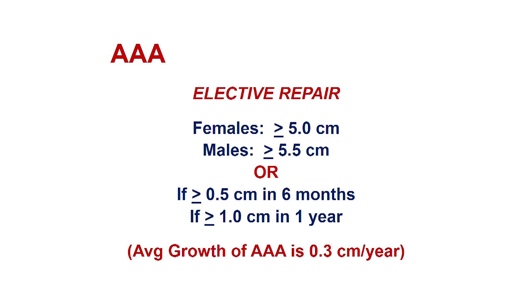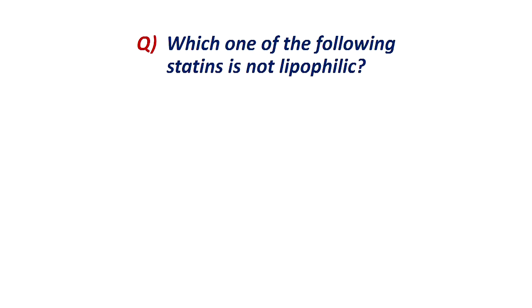So if a patient comes in with an aneurysm of 4 and wants to know when it is going to need to be repaired, if it's a female, you know that every year it's going to be 0.3, 0.3, 0.3. So if it's 4, it's going to take about 3 years to reach 5. So 0.3 a year is the average growth. But if it grows more than 0.6 in 6 months or 1 centimeter in a year, that patient should be referred for evaluation.